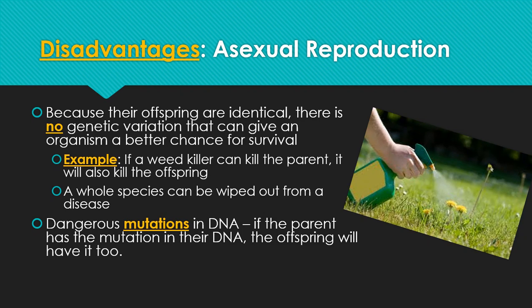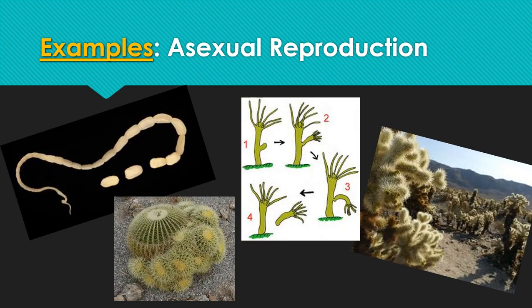Generation to generation, napapasa na yung mutation, yung mga diseases or disorders. And eventually, if hindi mag-survive, yun na yung nagiging cause ng extinction ng particular species. So, it's very important na merong variation sa offspring. Okay? So, that's the disadvantage.